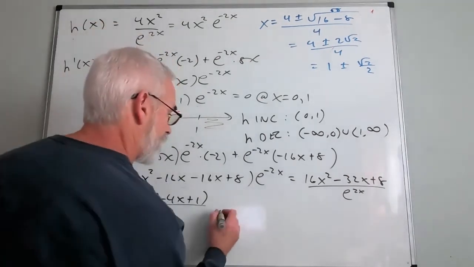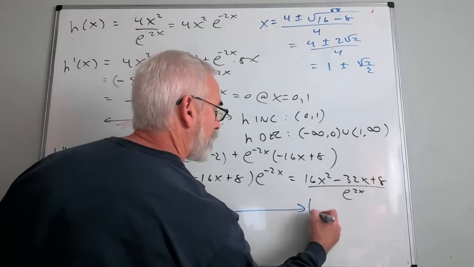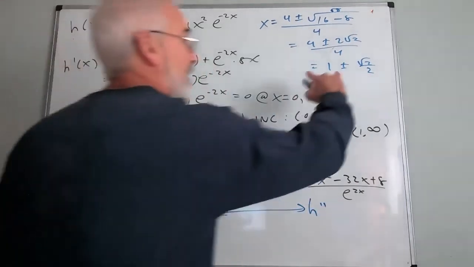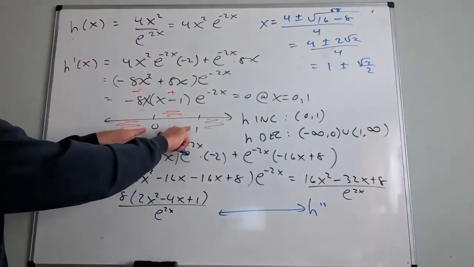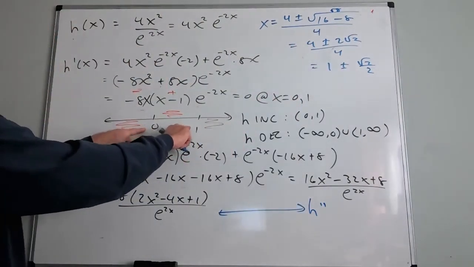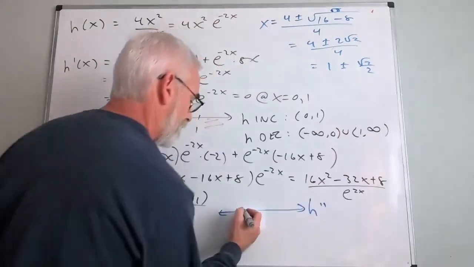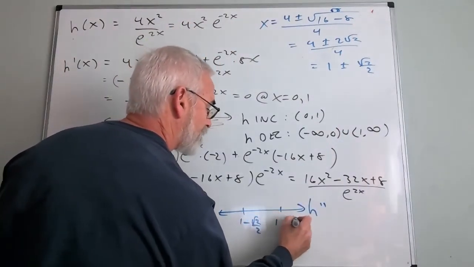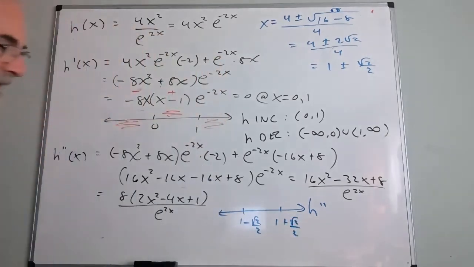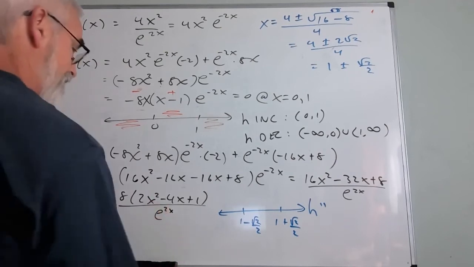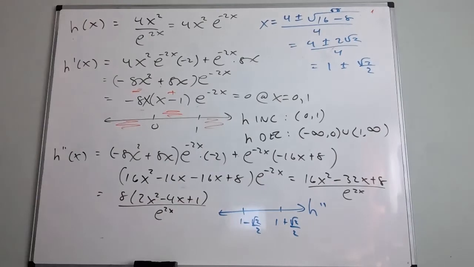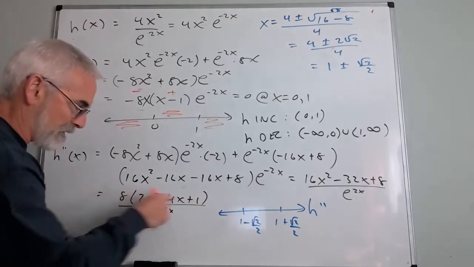So let's go ahead and make our h double prime number line. There's 2 values, these. I do not use these 0 and 1; they have nothing to do with the second derivative, only these: 1 minus root 2 over 2 and 1 plus root 2 over 2. Now you're going, oh boy, I don't know how big those numbers are. It doesn't matter. If I go extreme to the left, negative bazillion, it's going to be positive.